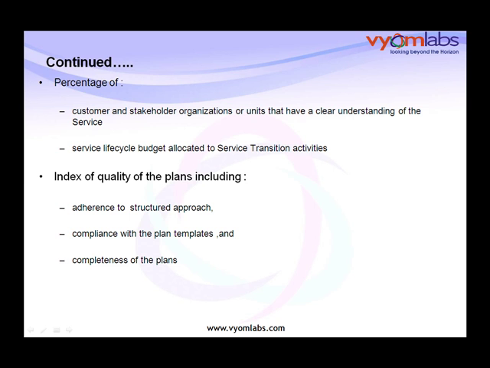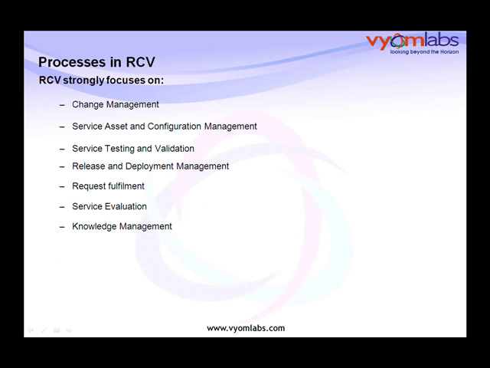The quality of the plan will depend upon the adherence to the structured approach with a compliance with the plan templates. Completeness of the plan will depend upon whether it is covering all the related areas.